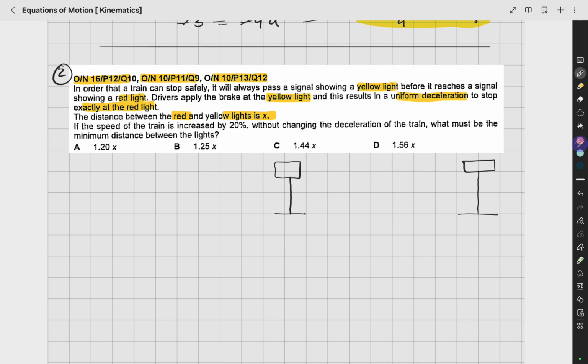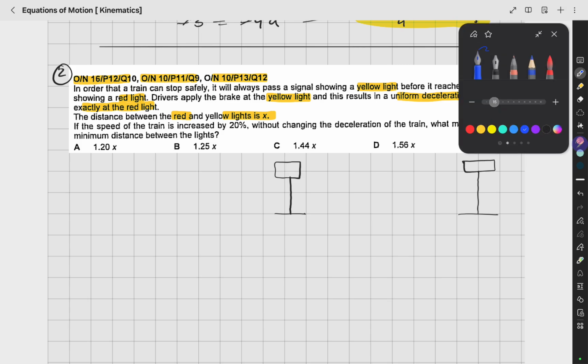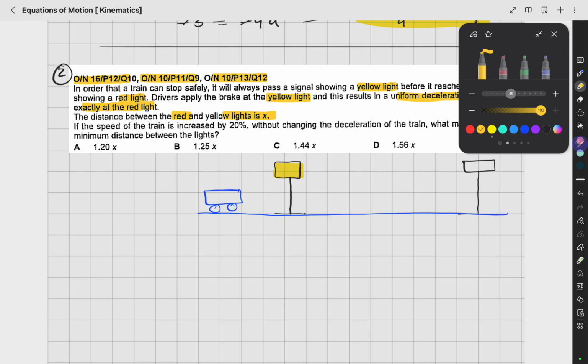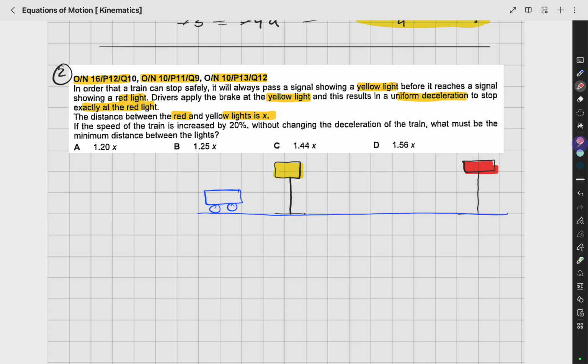These are the signals, and let's say the train is over here. I'm just making this as the train. Okay, so they are saying that this one is yellow, and this one is red.